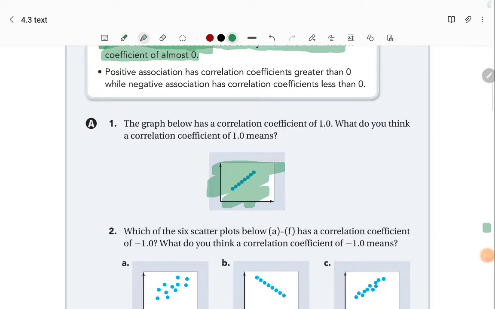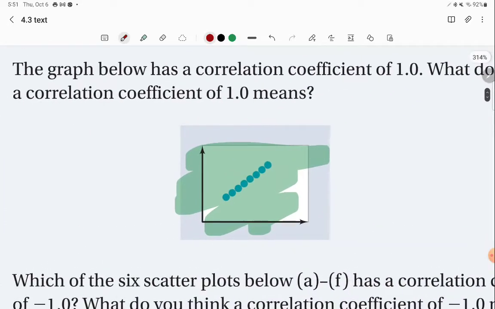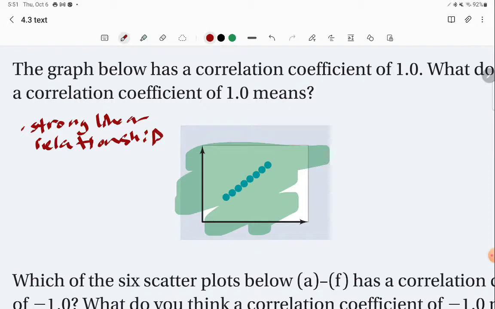Okay, so you should have said that a correlation of 1 means that there's a perfect linear relationship, or a really strong linear relationship, between the two variables, if this were x and y, whatever your two variables were.